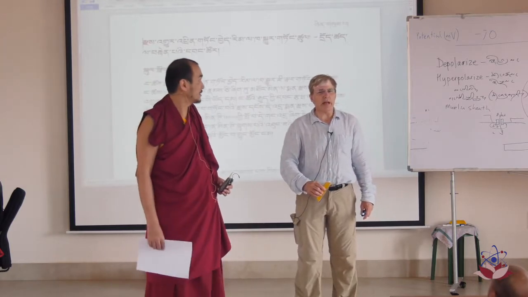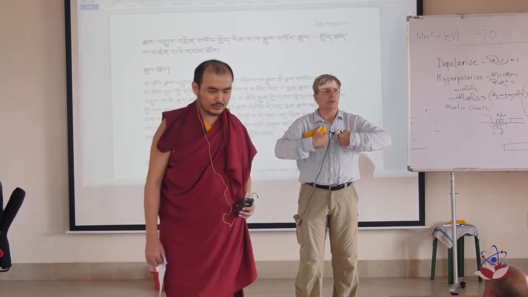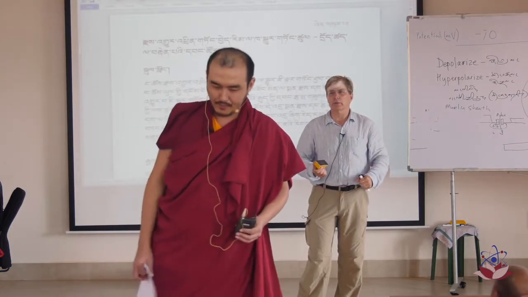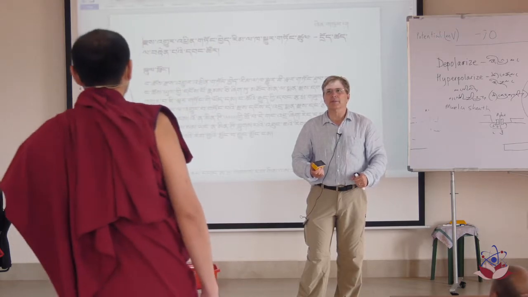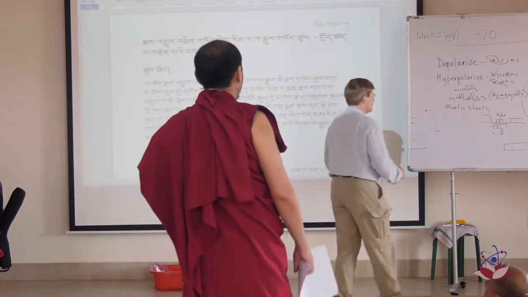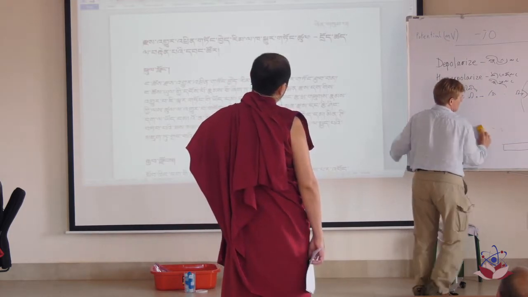What happens between neurons? Neurotransmitters. Chemical neurotransmitters.